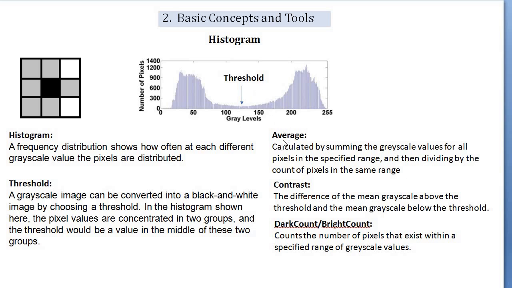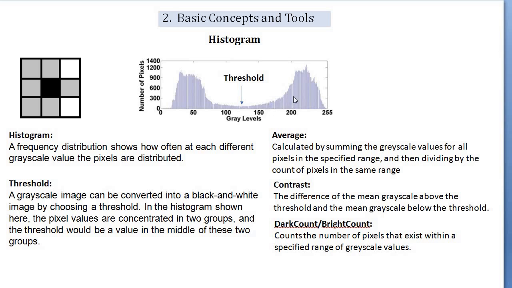We can also take a look at the average. The average is calculated by summing the grayscale values for all the pixels in a specified range, and then dividing by the total number of pixels in that same range. And now let's quickly take a look at the contrast.